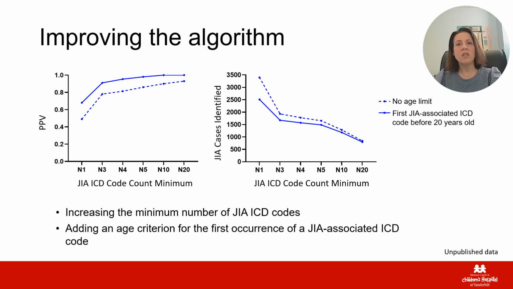We found that increasing the number of JIA ICD codes increased the PPV while decreasing the total number of JIA identified. We added an age constraint for the first appearance of a JIA-associated ICD code, with the code needing to appear at an age of 20 or younger. We found that addition of an age constraint significantly improved the PPV and also decreased the total number of JIA identified.